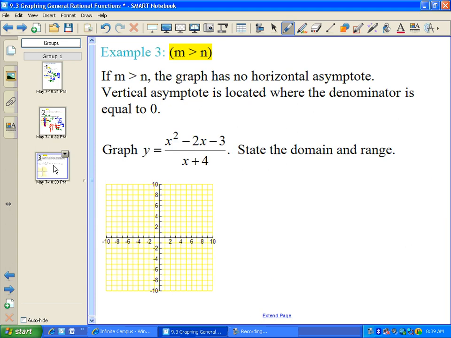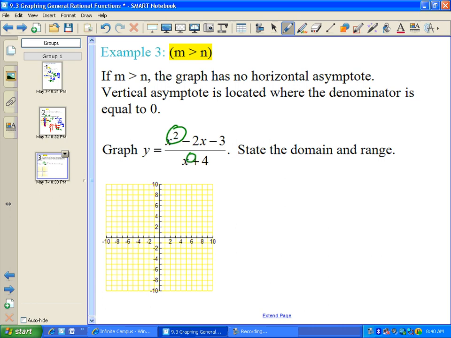My last type of problem, it's kind of the point where all bets are off. When the degree of the top variable in the numerator is larger than the degree in the denominator, there is no horizontal asymptote. It might look like there is.